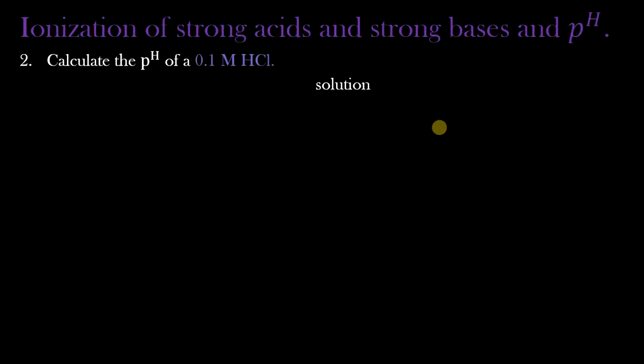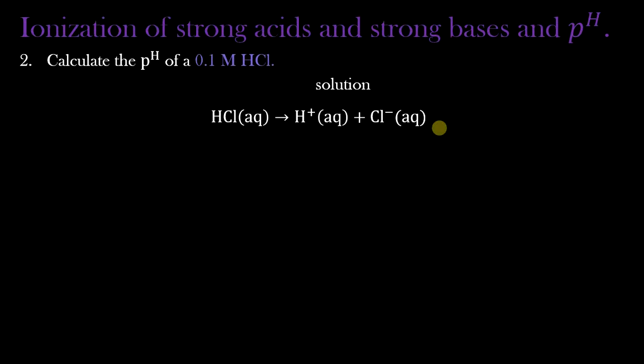In the next task, we are supposed to calculate the pH of a solution of 0.1 molar hydrochloric acid. Similarly, we are going to approach this by first writing the equation of dissociation, that is hydrochloric acid dissociates to produce hydrogen ions and chloride ions, and from that relationship we can find the molar concentration of hydrogen ions, since already the solution is in 1 liter.